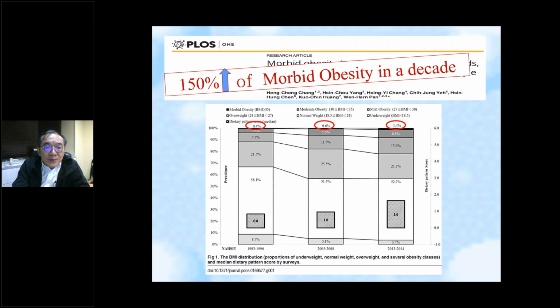The incidence of morbid obesity, that's BMI more than 35, increased from 0.4% to now 1.4%. So it's not a small number, but compared to the Western side, it's still only about one fifth of the incidence. I think the situation is probably quite similar in all the Asian countries.